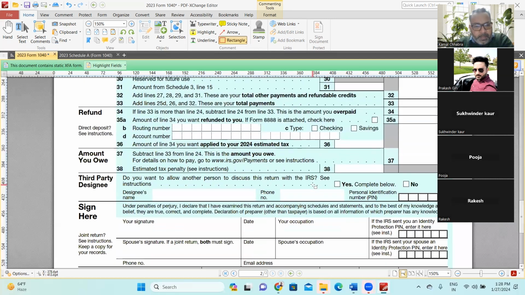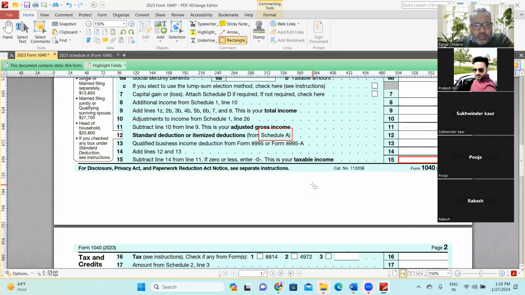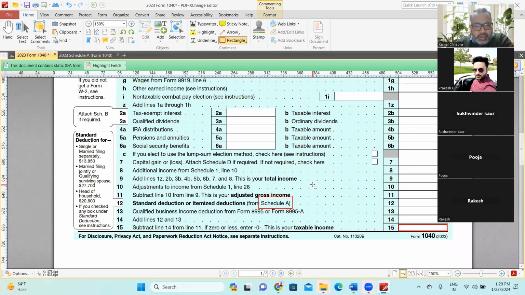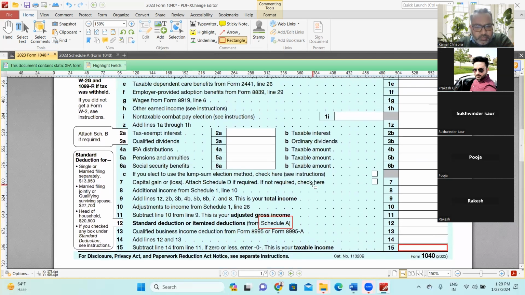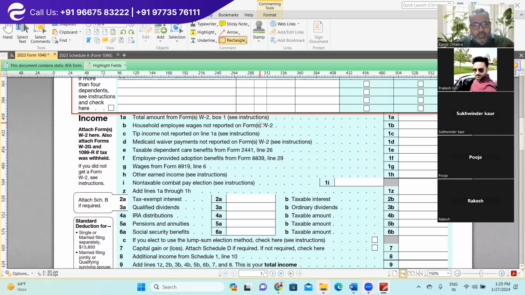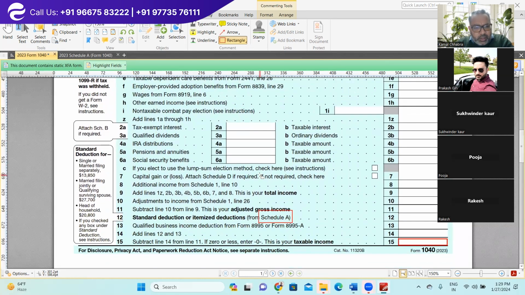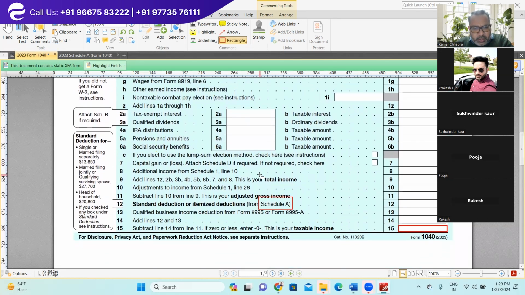Plus, once again, a few more schedules I would like to share with you. Like W2, for any household income, wages, salary, all these things you will be checking through the W2 form. And then, capital gain.